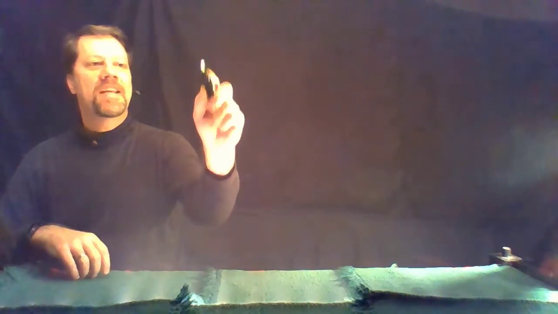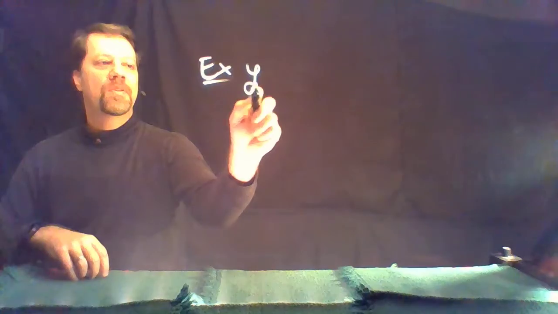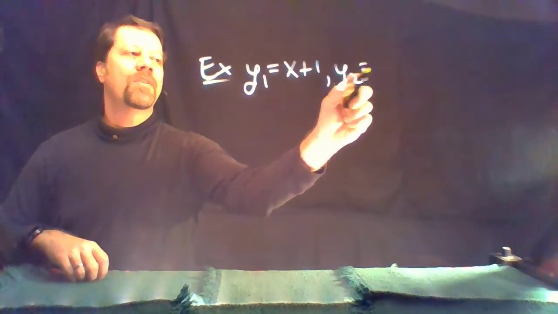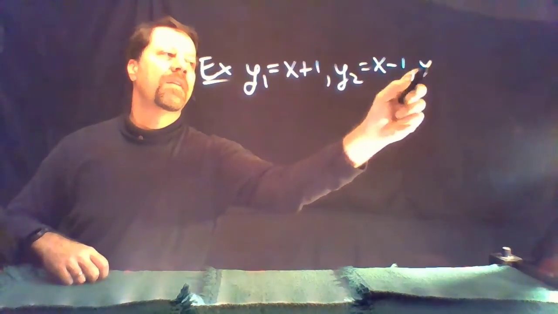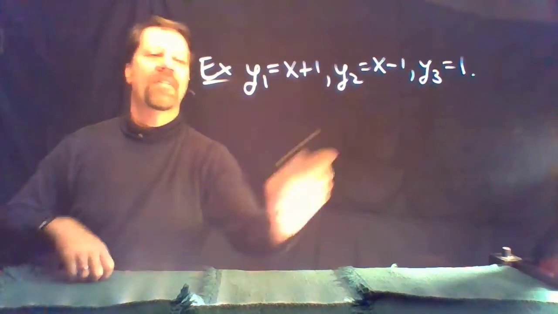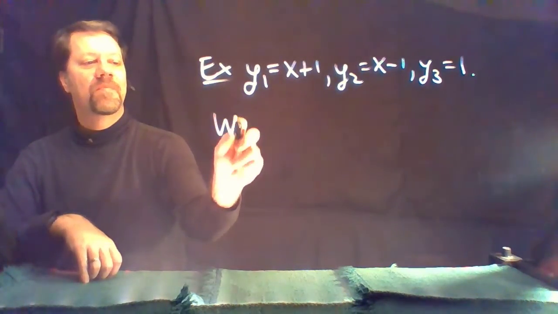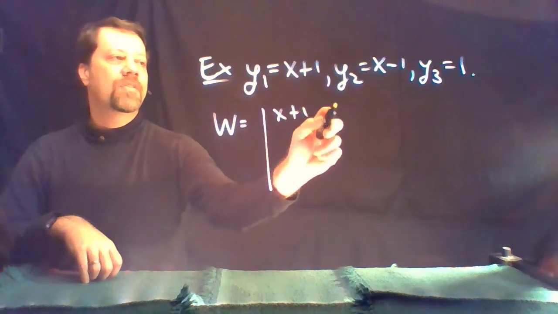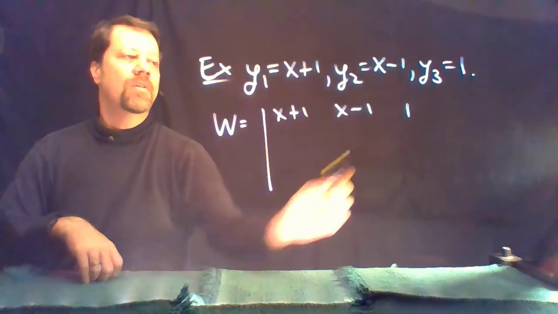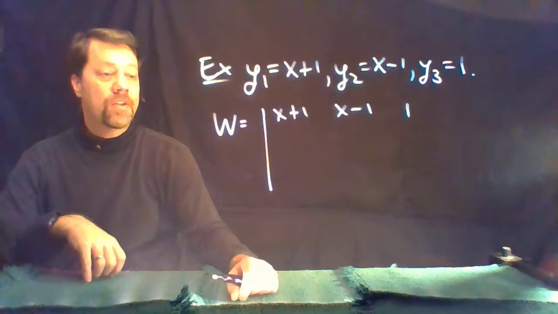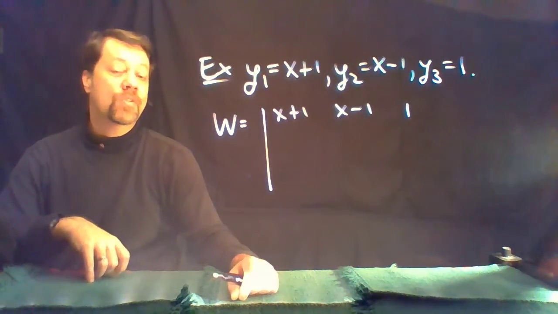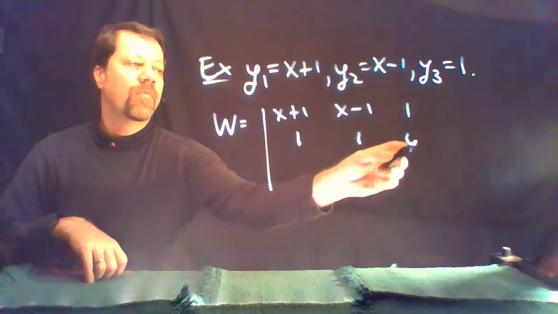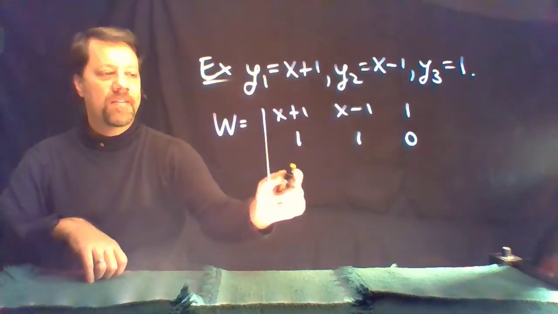For another simple example, let's suppose y1 is x plus 1, y2 is x minus 1, and y3 is 1. The Wronskian is calculated by plugging these functions into the first row. The determinant can only be calculated for a square matrix, so you need to calculate the derivative and then the second derivative.